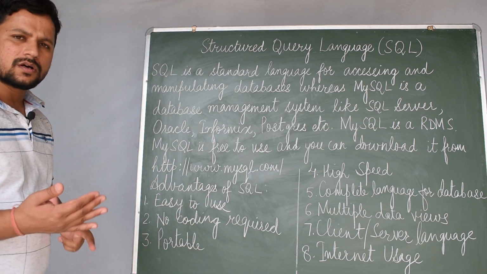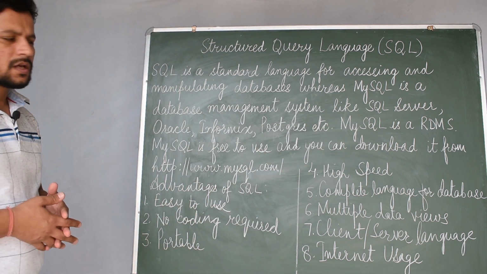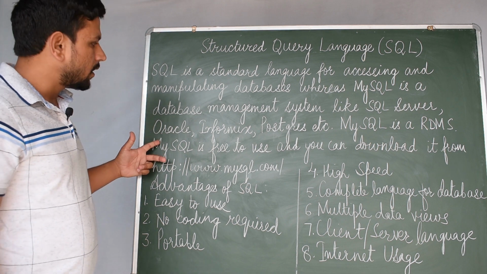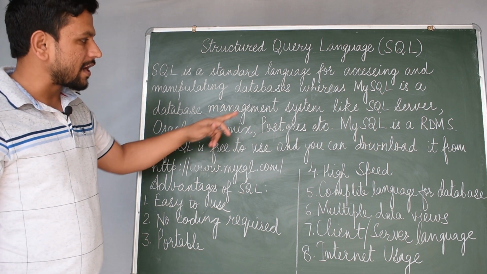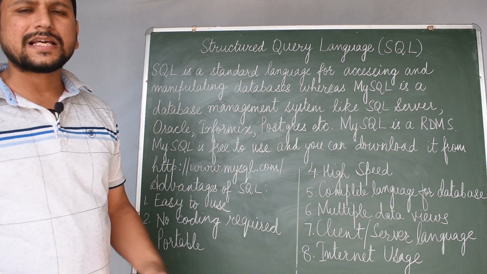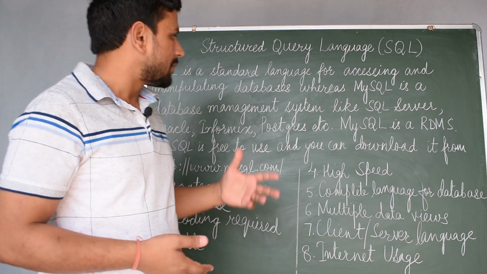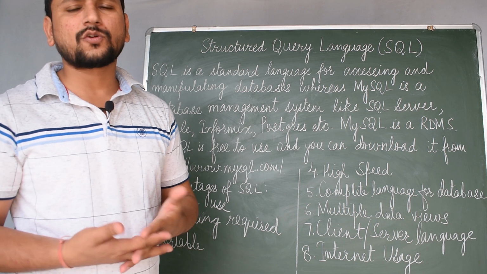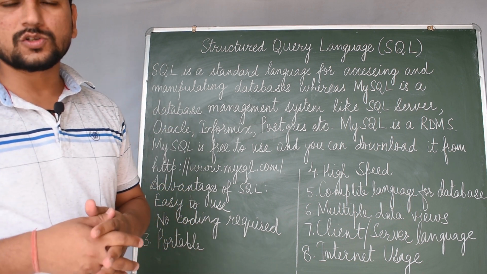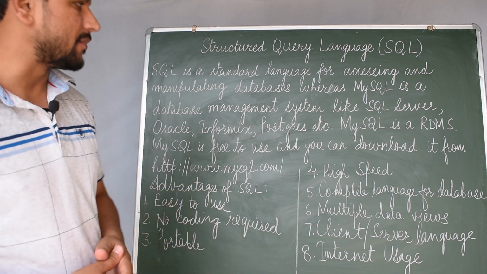We have other databases also, like Oracle, Informix, Postgres. So there are different categories of databases that we can use. Besides this, Microsoft Access is also there, that is also a database.